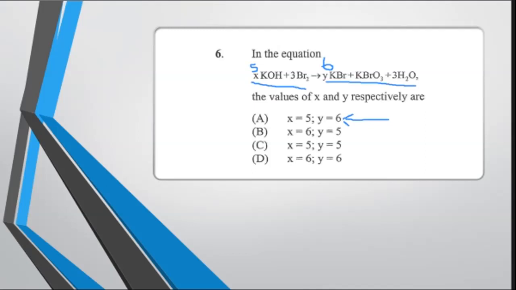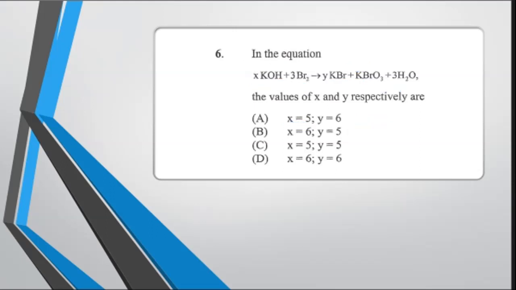On this side I already have 6 potassium. So already we have a problem, because I don't have any more potassium on this side, but I already have 6 potassium and I have another potassium here. 6 plus 1 is 7. So where X is 5, it's not possible to balance the equation.